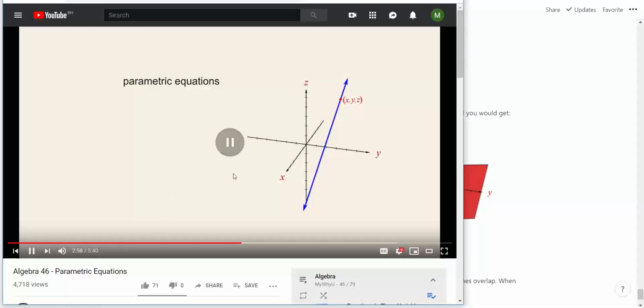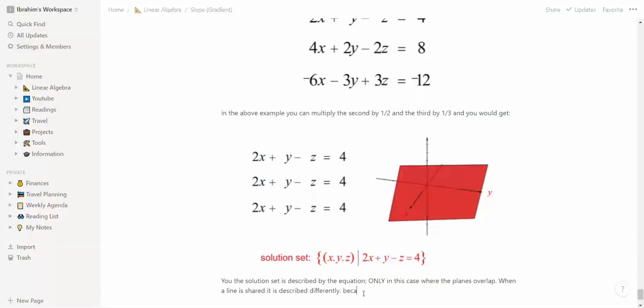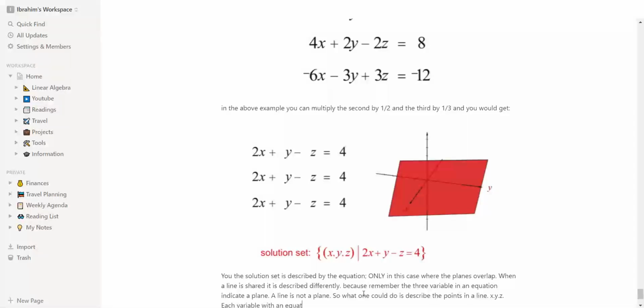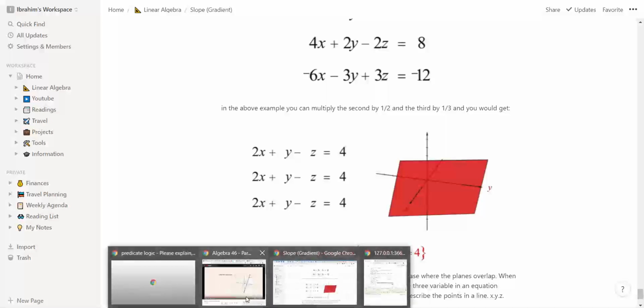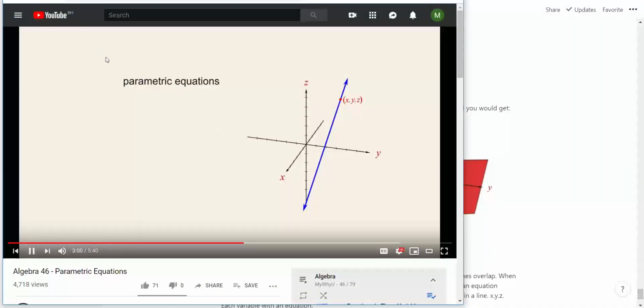Each parametric equation expresses the value of one coordinate as a function of an additional variable called a parameter.